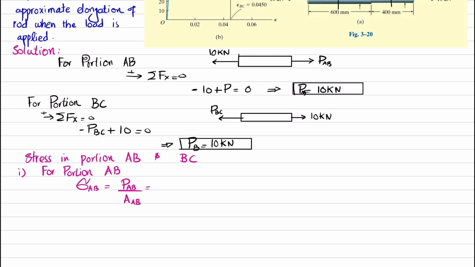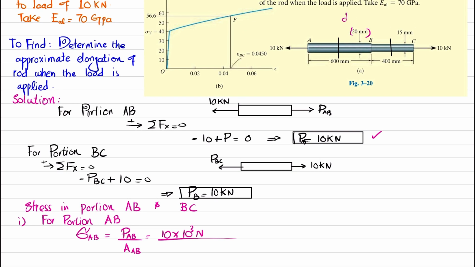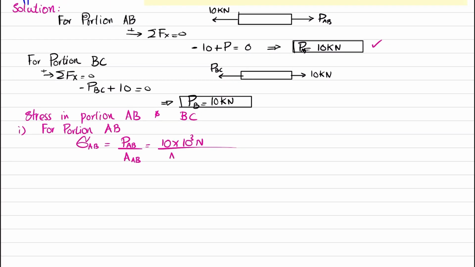PAB is this one, you can see this is 10 kilonewton. So 10 into 10 raised to power 3 will give you Newton, divided by area. You can see the diameter of this is given as 20 millimeter. This diameter in meter will be equal to 0.02 meter. And the area is pi by 4 d square, so d is 0.02 squared.